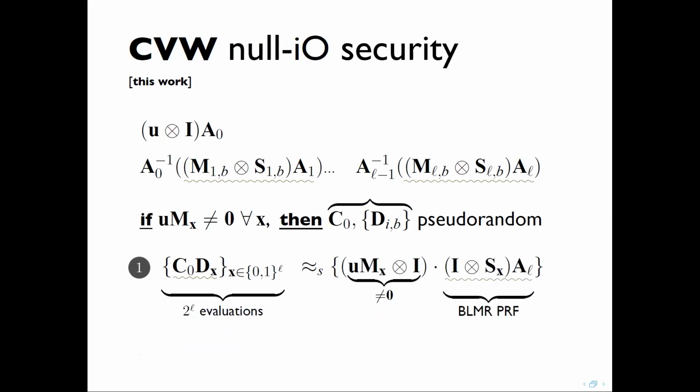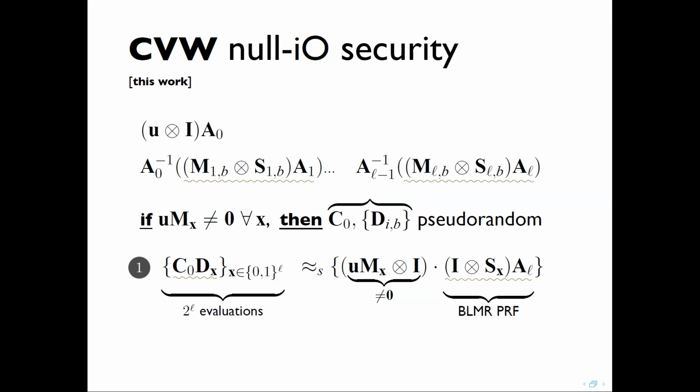Here we argue that the 2 to the L evaluations are pseudo-random, and we use the fact that the program is rejecting. Otherwise the matrix won't be full rank. In fact, it's going to be small. So you cannot hope for the evaluation to be pseudo-random. The product is going to be a small value and not a uniformly random matrix. Okay, so that's one way in which it breaks down.